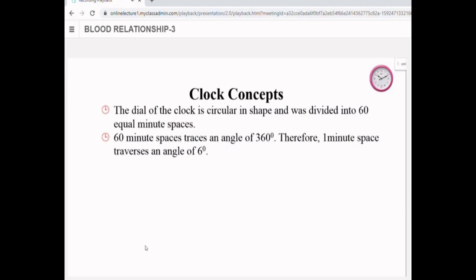How did I get this 6 degrees? 360 for 1 hour, and 1 hour is 60 minutes. So 360 divided by 60 comes to 6 degrees. So per minute is a 6 degree angle. Let me draw and show it to you.